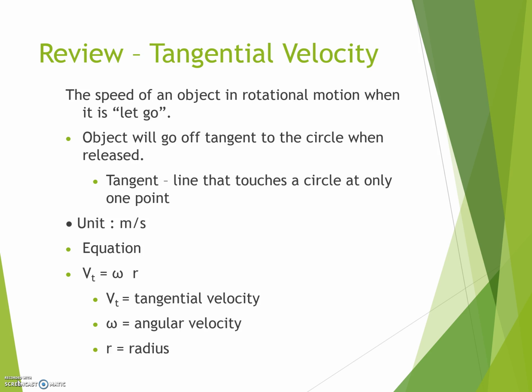So when we talk about the tangential velocity, we're talking about an object that's moving in a circular pattern. And for some reason, the force holding that object in that circular pattern is released and the object flies off, and it'll go tangent to the circle at the tangential velocity.